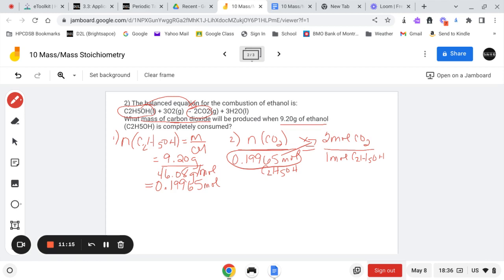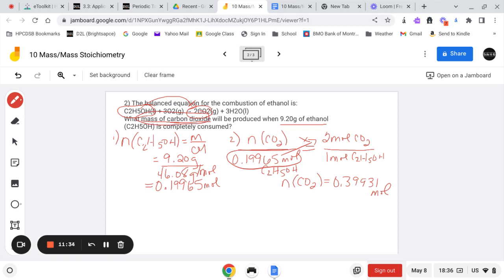So I get a mole value of CO2 that is 0.39931 mole. And then the question is asking, what is the mass of carbon dioxide?